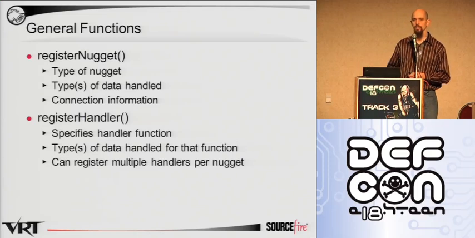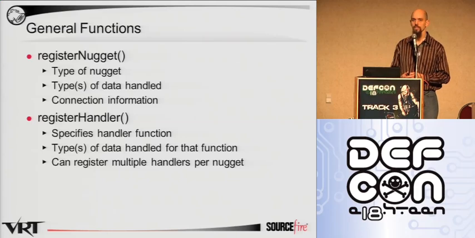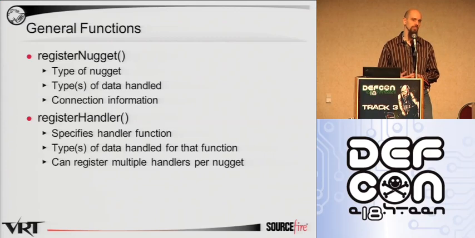Register handler is more of a detection nugget function. It tells the dispatcher what kind of data it handles, and it is possible to have a single detection nugget handle multiple types of data. You just call register handler with a bunch of different function pointers to tell it what functions to call if it gets the relevant type of data.